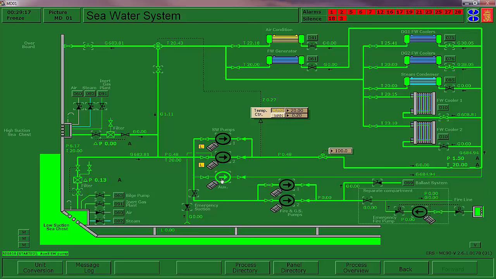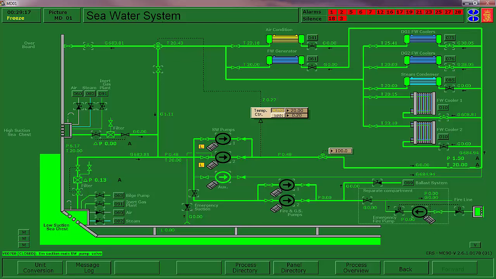What's going on here is that emergency bilge suction is only used for a flooding incident. The vessel has had some sort of a casualty, the engine room is flooding, and you need another bilge pump. In that case, you would shut off your low suction sea chest supply and you would open your emergency bilge suction to use the bilge pump to pump the engine room.